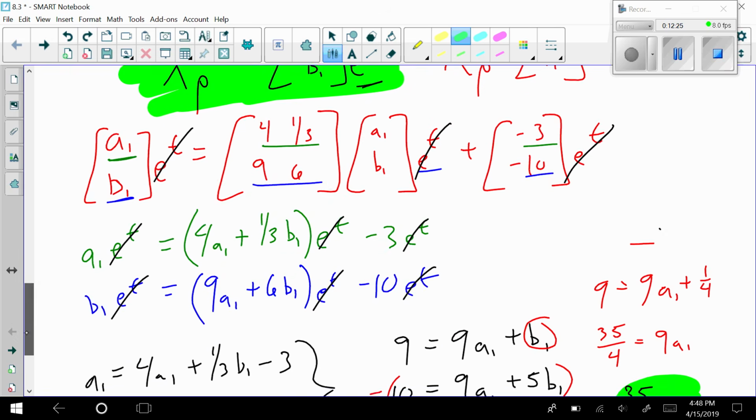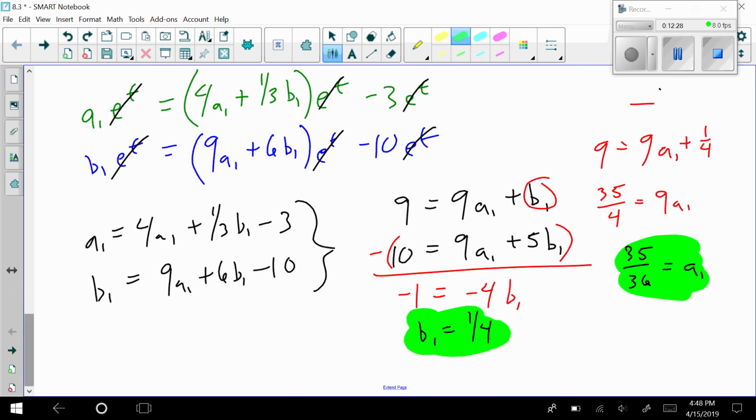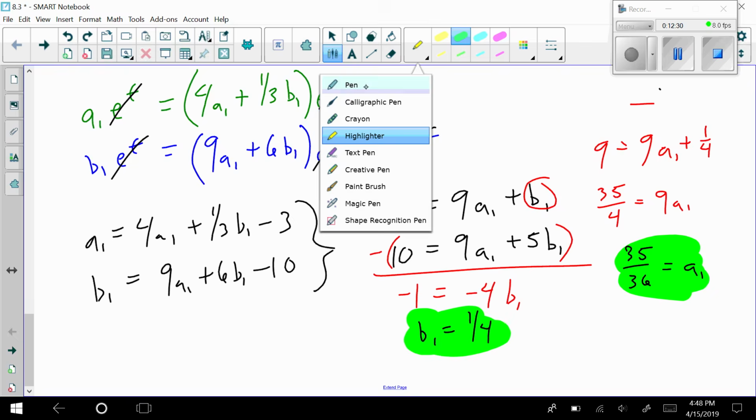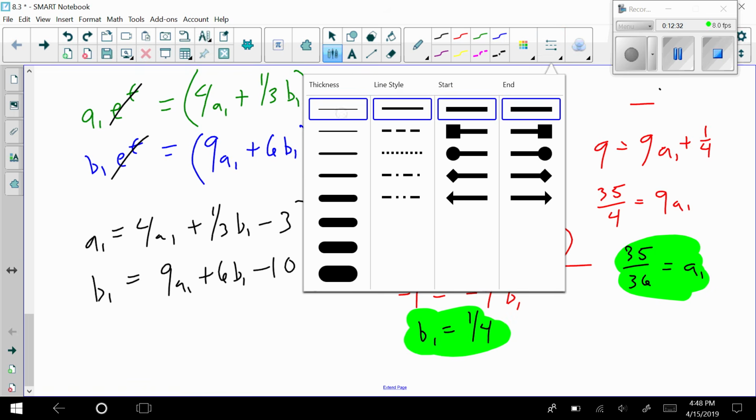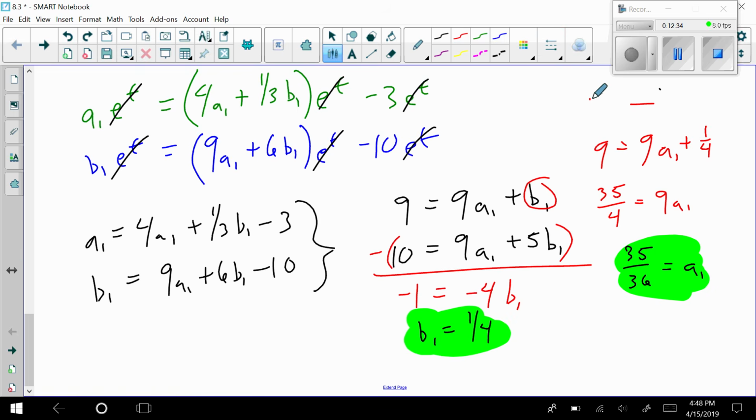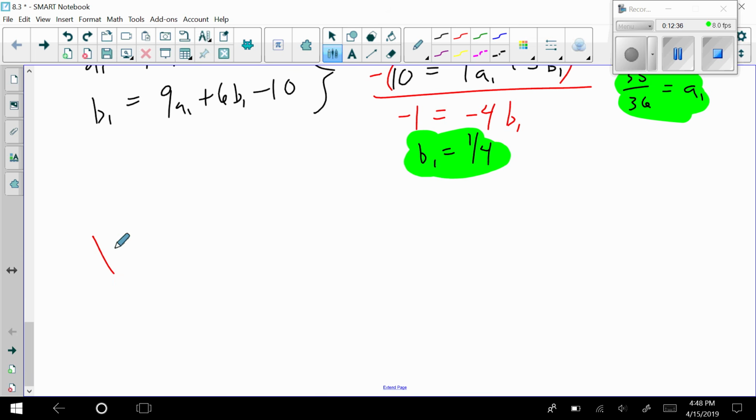So what I end up doing is then I say that the particular is equal to 35/36, this is 1/4, and that's e to the t.